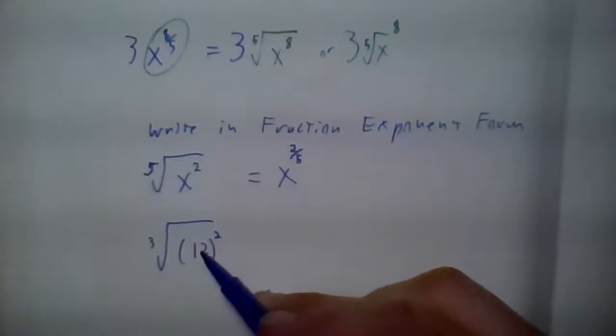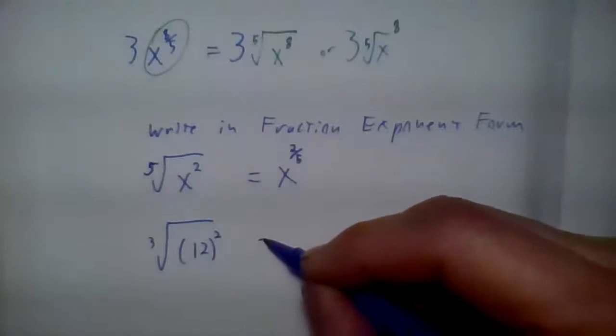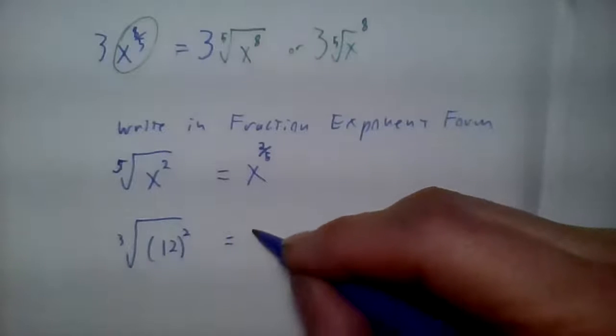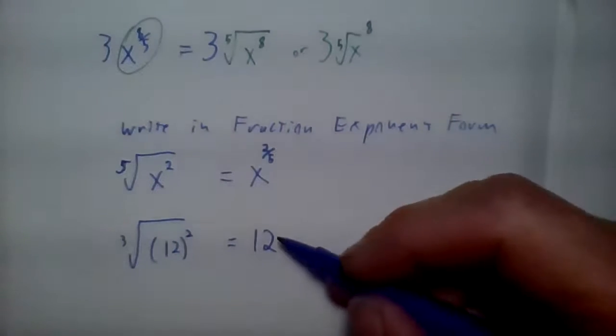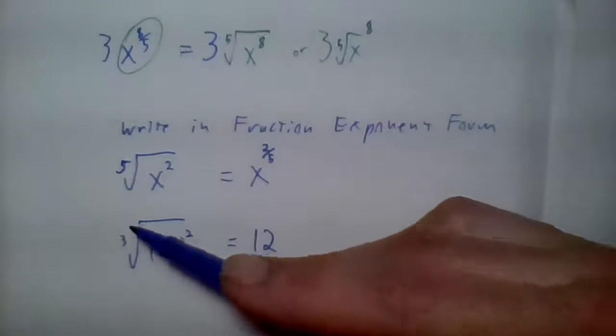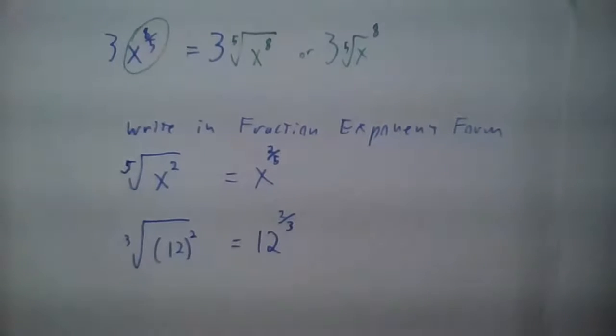So that's 12 squared, and then I want to take the cube root of that, and I don't think that comes out nice. So I'm going to use a calculator, but the easiest way to enter it is in this form. This is 12 base here, and the exponent is going to be 2 over 3. The type of root becomes the denominator, and the squared becomes the numerator. So that's 12 to the 2/3 power, and your calculator knows enough about that to do the calculation with the regular exponent button.